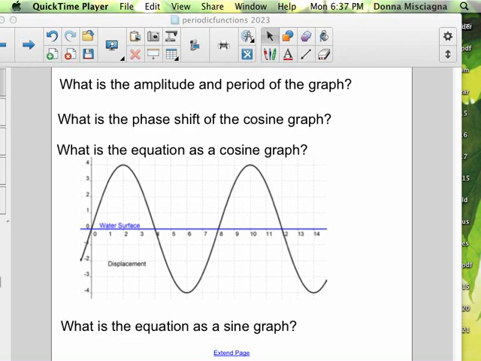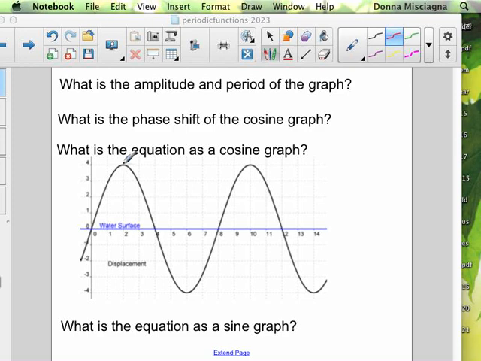The first two things, amplitude and period, won't matter whether we write this in terms of sine or cosine, but we are going to start off with identifying a period of cosine. So this represents one period of cosine.